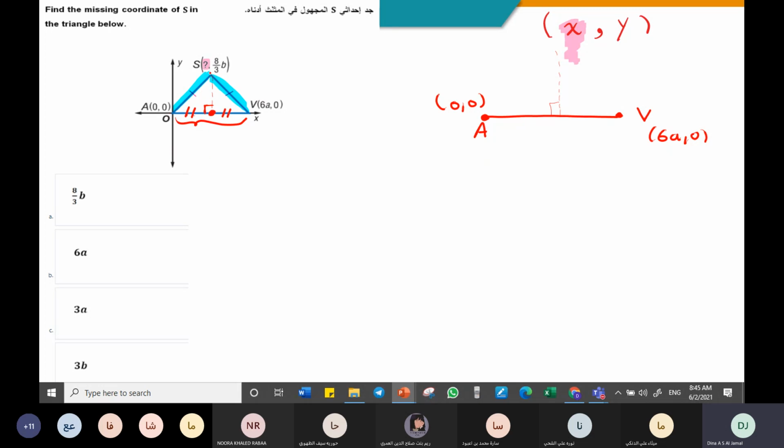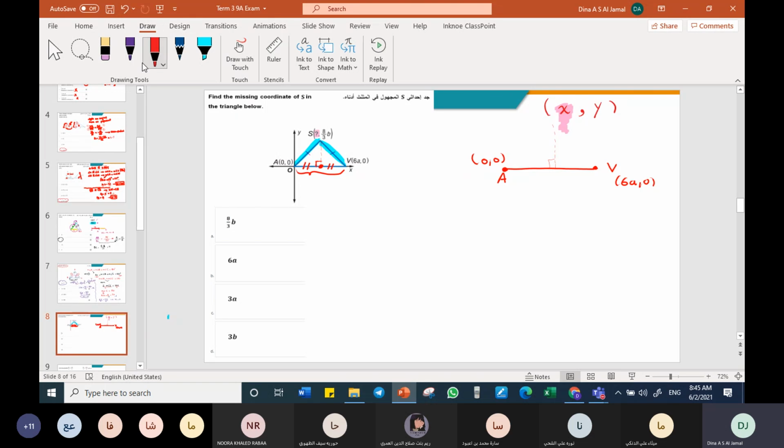Remember the definition of the segment bisector and the midpoint. Always the midpoint and the segment bisector divide the segment into two equal pieces. That means if you have this perpendicular segment, it has a midpoint here, which cuts it into two equal pieces. And remember, the x coordinate will correspond to this point.